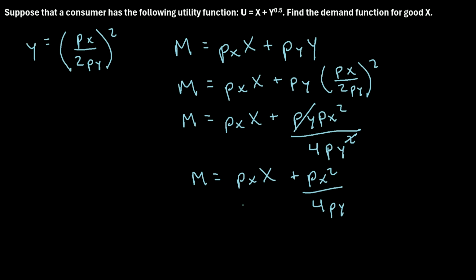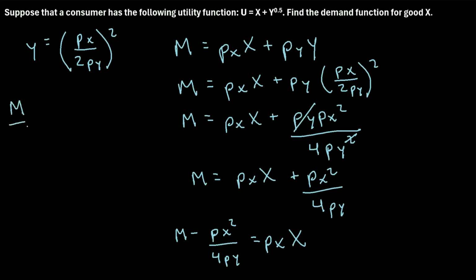Now remember, we're solving for x, so we can subtract this entire expression, and we'll have M minus the price of x squared over 4 times the price of y is equal to the price of x times x. And lastly, to get x all by itself, we can divide every term by the price of x. So let's write this over here.